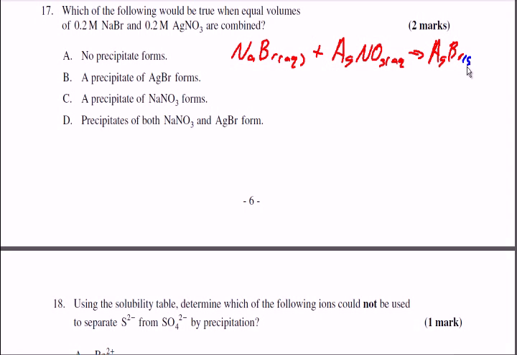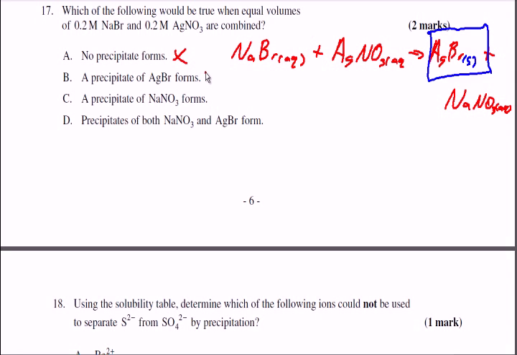This is solid, and I ran out of room here, but this is going to be NaNO3 aqueous. So our solid, or in other words our precipitate, is going to be AgBr.